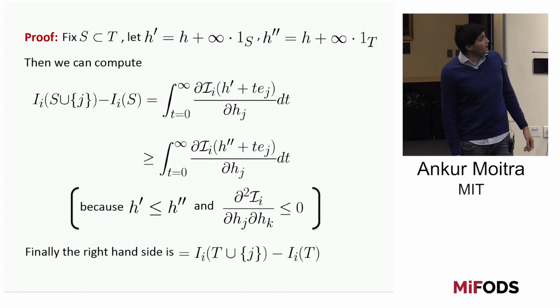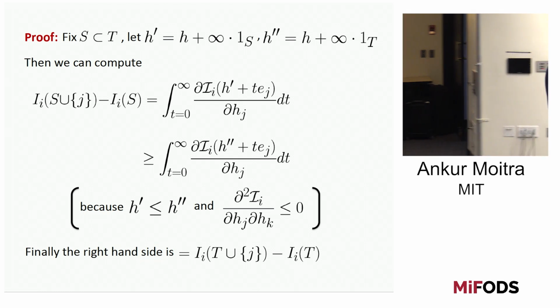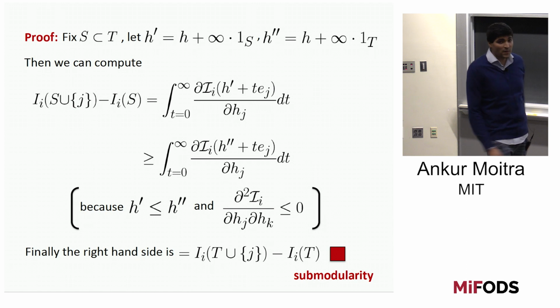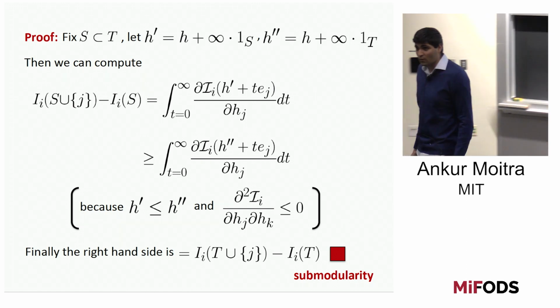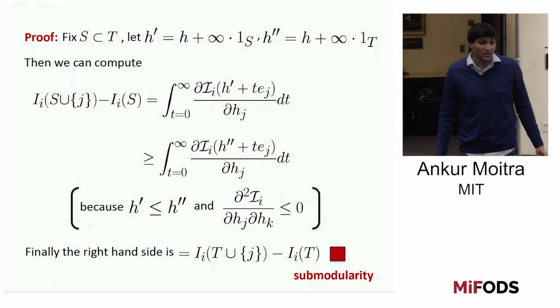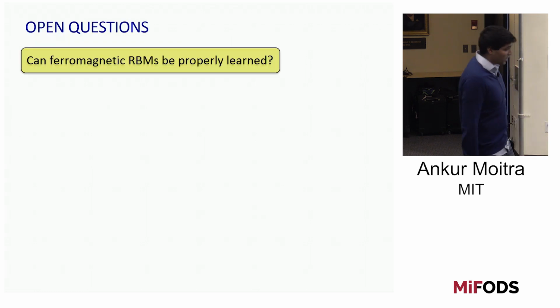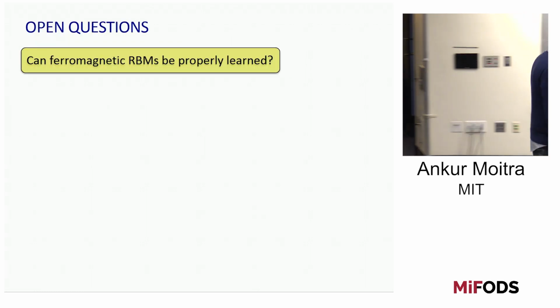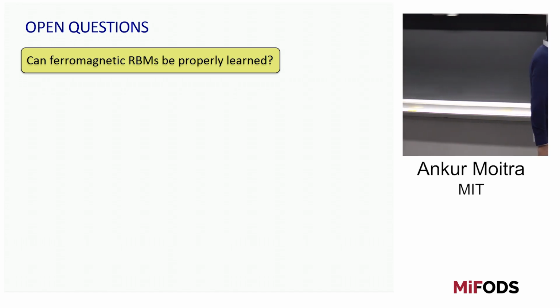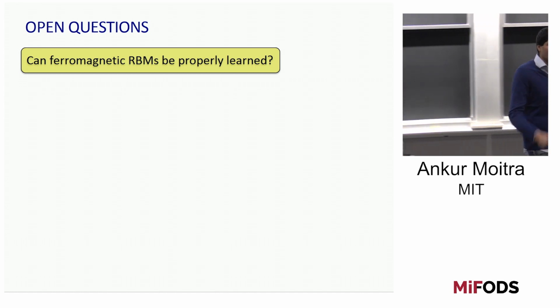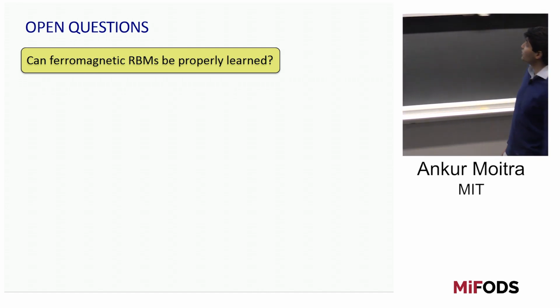And now the right-hand side is exactly the difference in the influence function on the set T. So this is submodularity. So it's pretty amazing to me that these old results in mathematical physics were actually statements about the multilinear extension of a submodular function, and they imply submodularity in disguise. So that's pretty cool, and that completes at least what I want to tell you about the technical proof about how we have submodularity save the day and how we use that to learn the graph-theoretic 2-hop neighborhood structure.